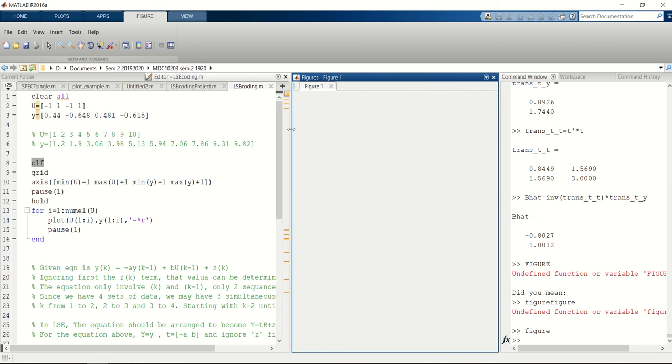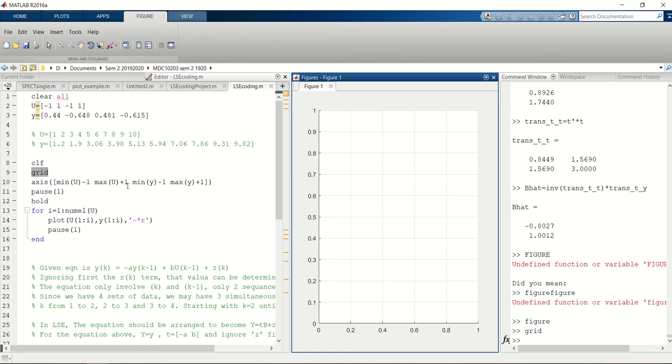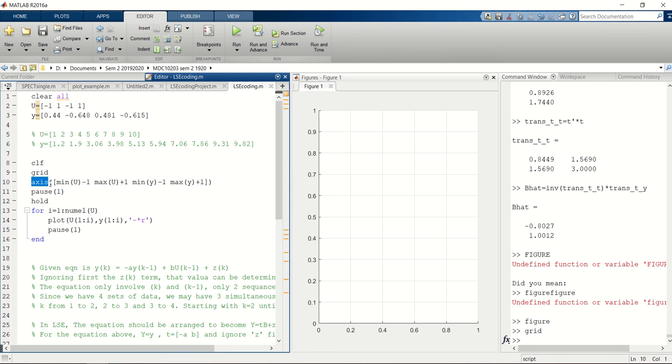And then grid, F9. So we have our graph with grids, and then this one is the axis limit.